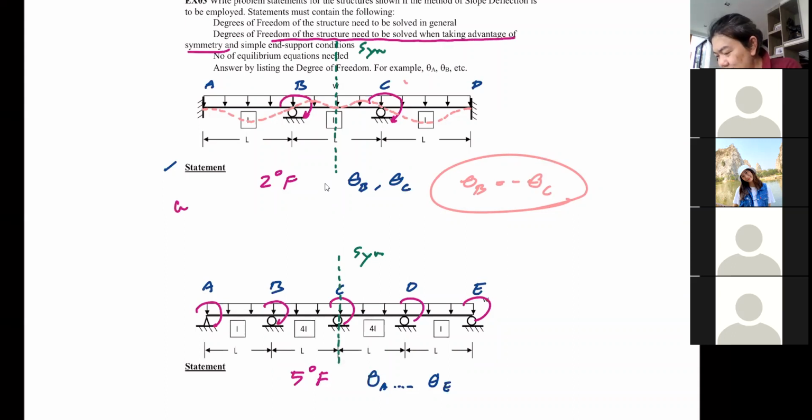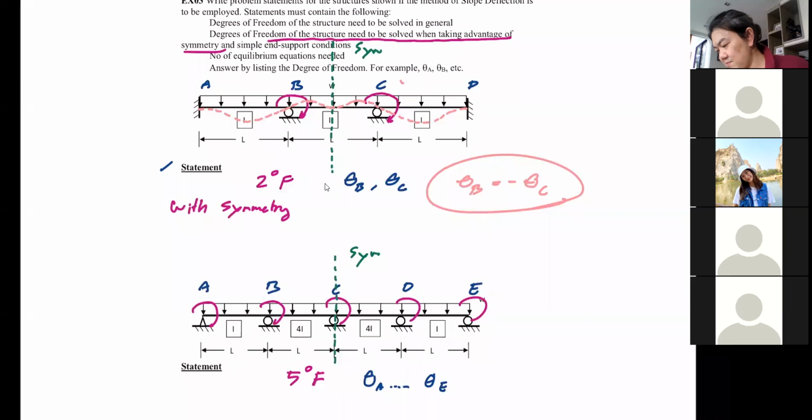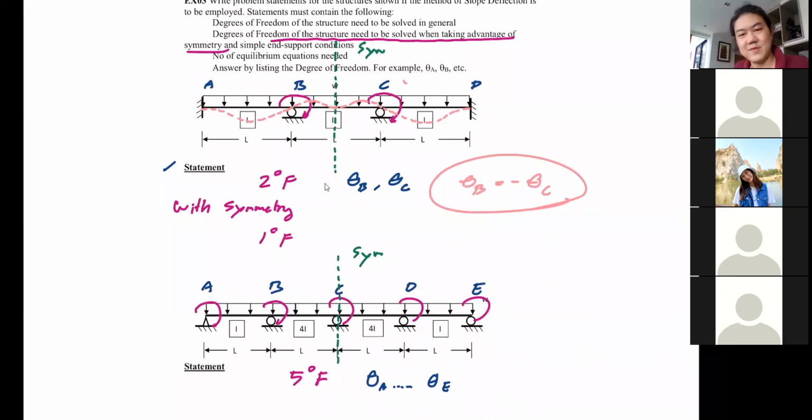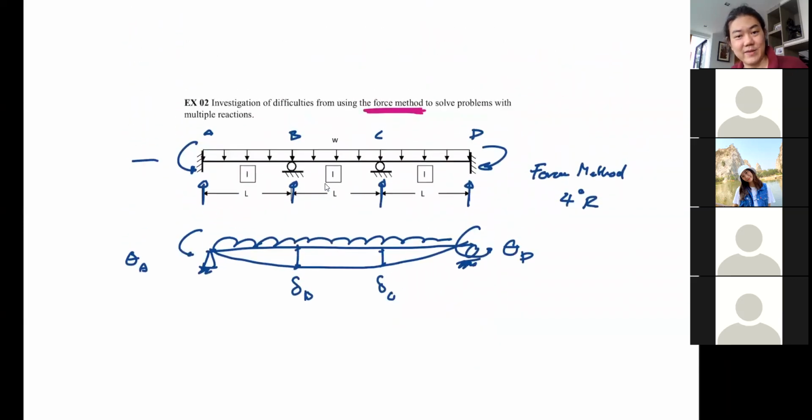So with symmetry, how many degrees of freedom do you need to solve? Only one. One unknown, and you can solve this beam very easily. Now, this is exactly the same beam as we have here. You see, it's exactly the same as this one.